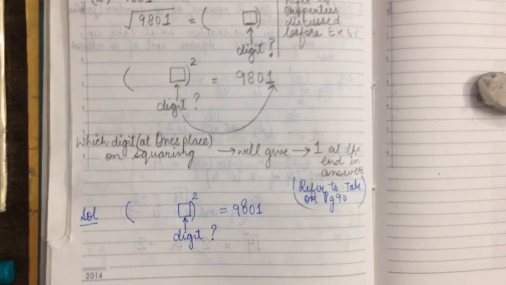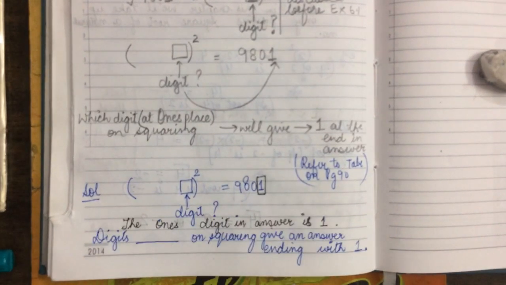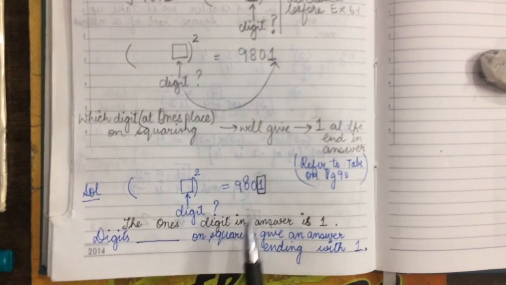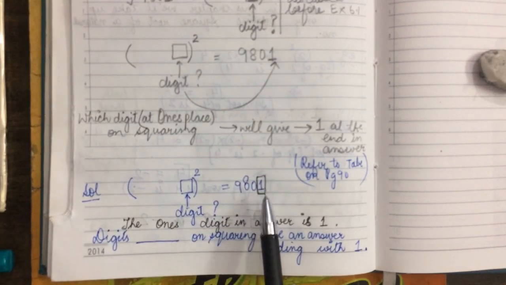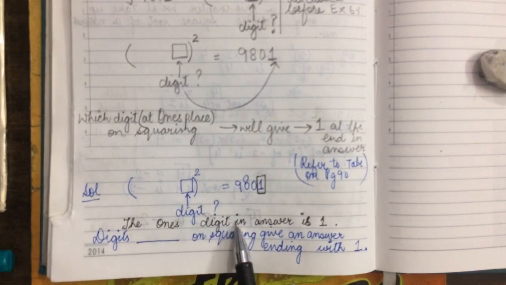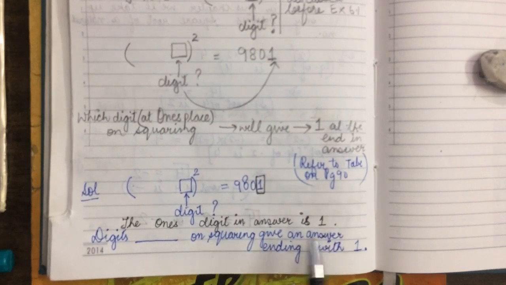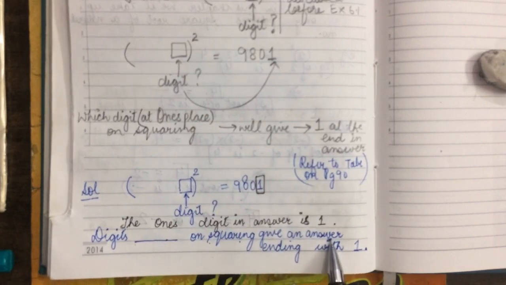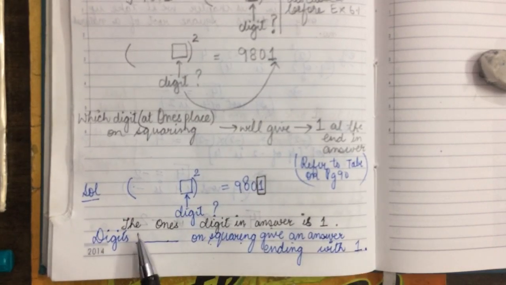You will start by looking at the ones digit in your answer. This is what I have written, the number given to me. What is the ones digit here? So the ones digit here is 1. I want to find out the digits which on squaring give an answer ending with 1. Now think of the numbers whose square ends with 1. Square of 1 ends with 1.